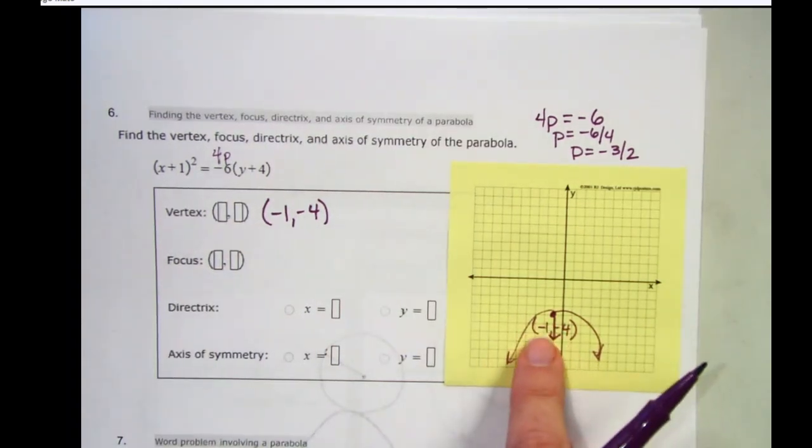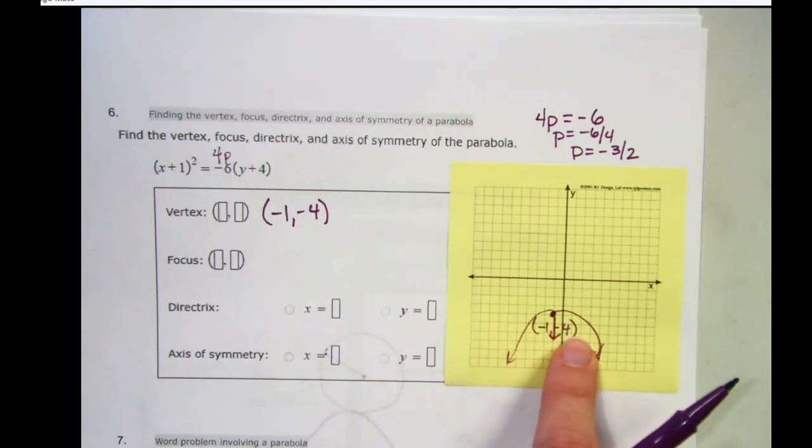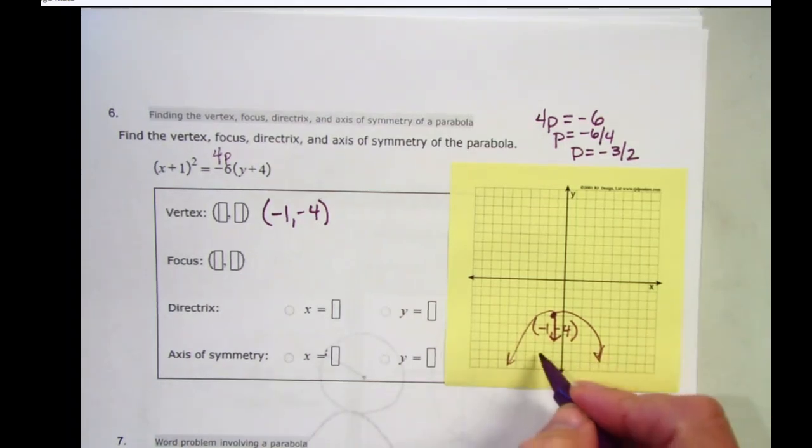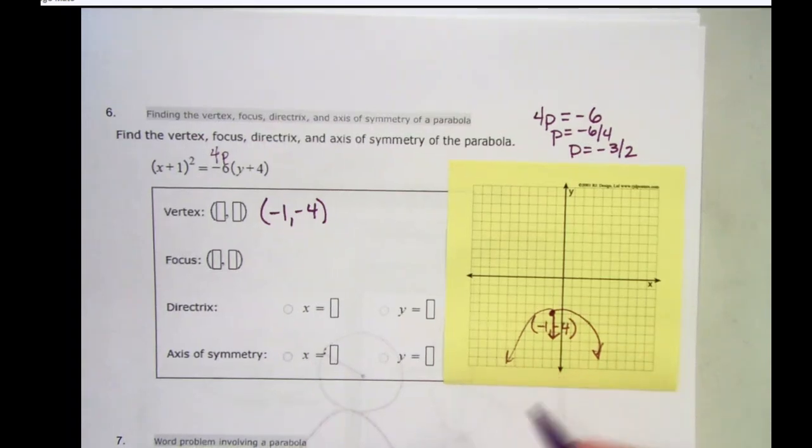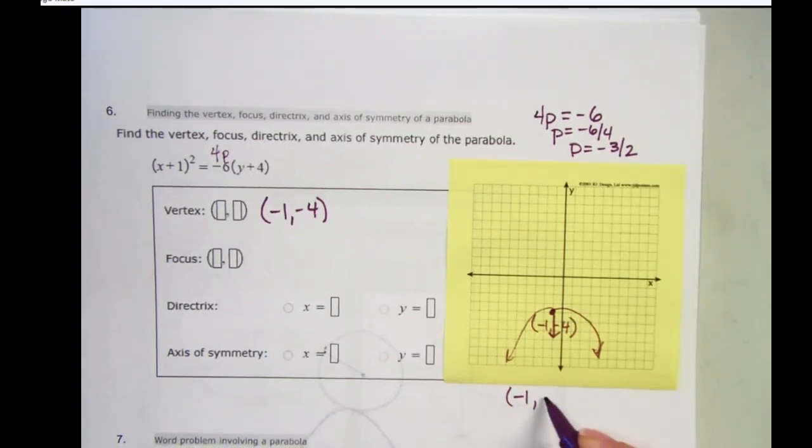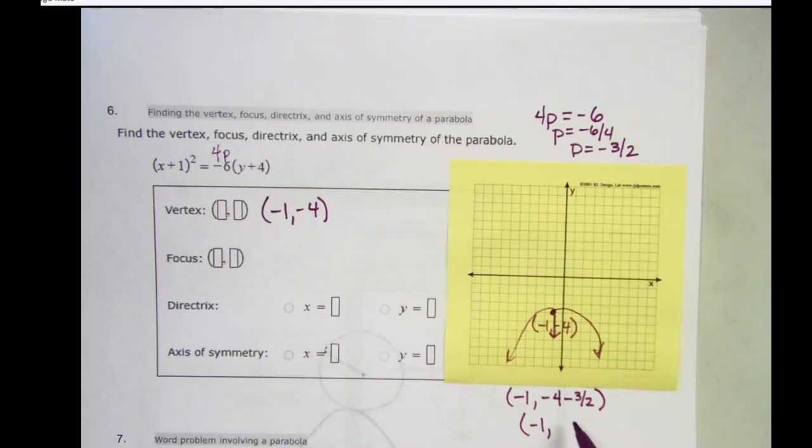So am I adding to the x or the y value? So we've got -1, and then we've got -4 - 3/2. All right. So that would be -1, what would that be? -11/2.